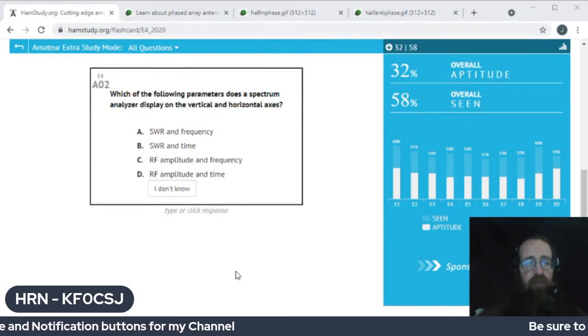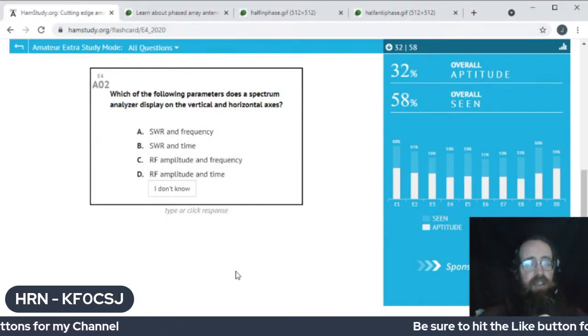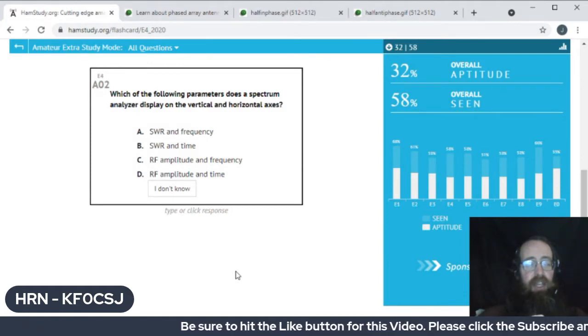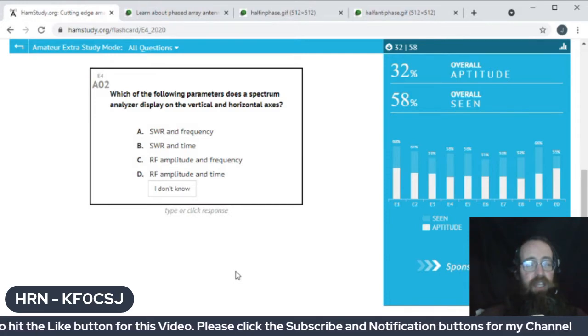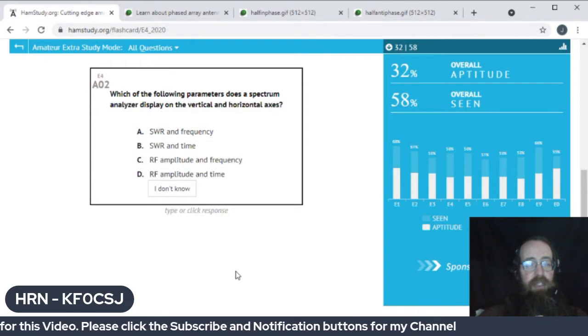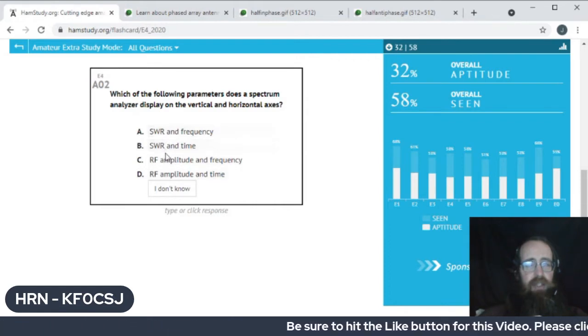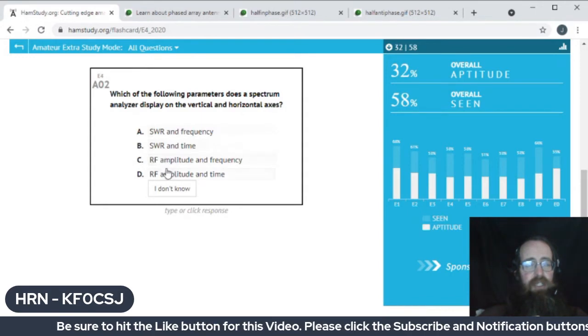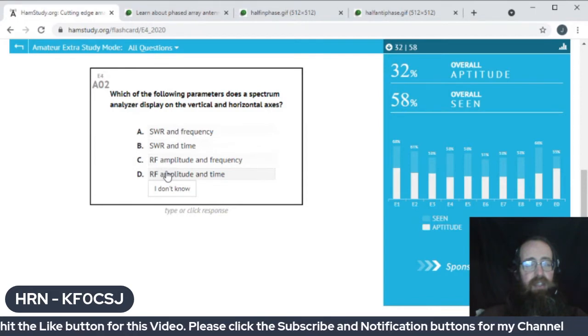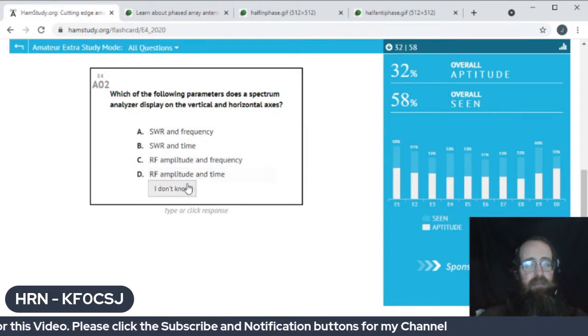Which of the following parameters does a spectrum analyzer display on the vertical and horizontal axis? A, SWR and frequency. B, SWR and time. I believe those are antenna analyzers, not spectrum analyzers. C, RF amplitude and frequency. D, RF amplitude and time.